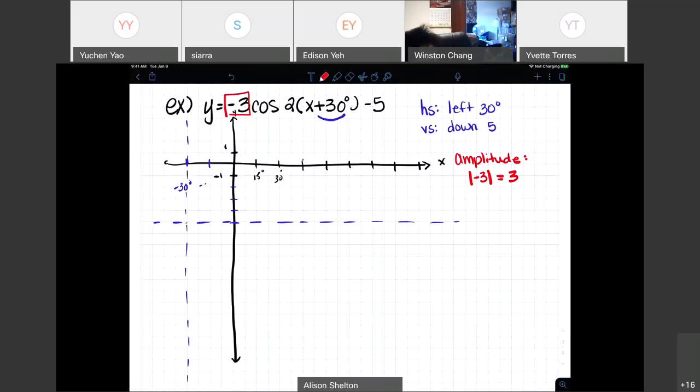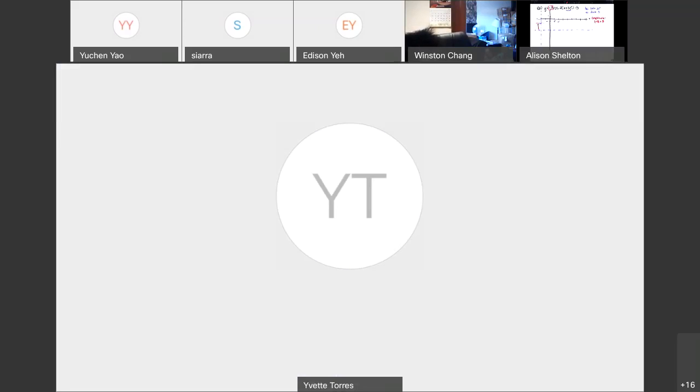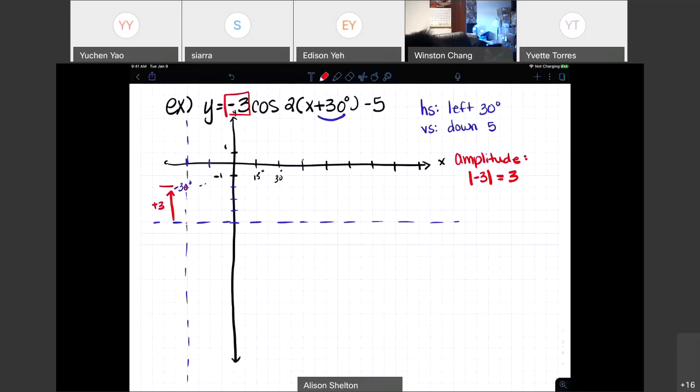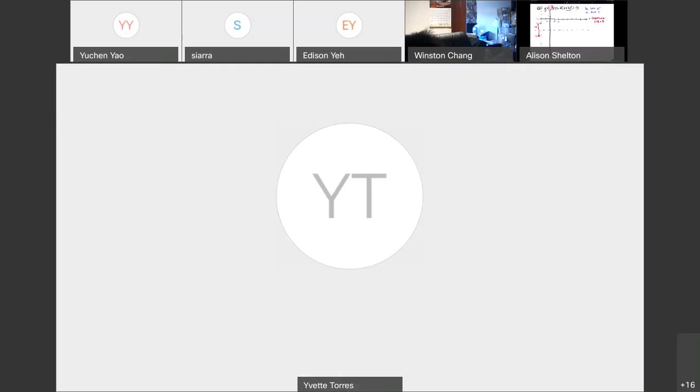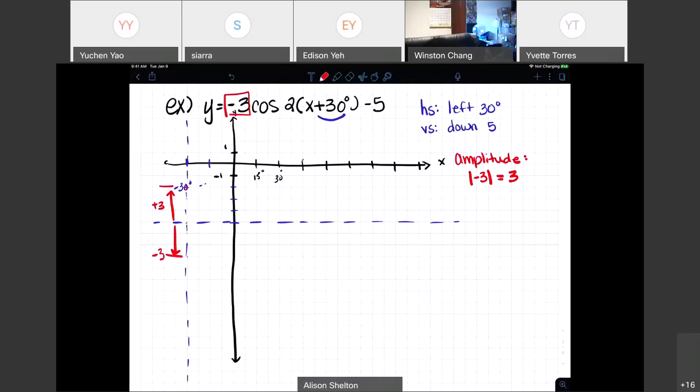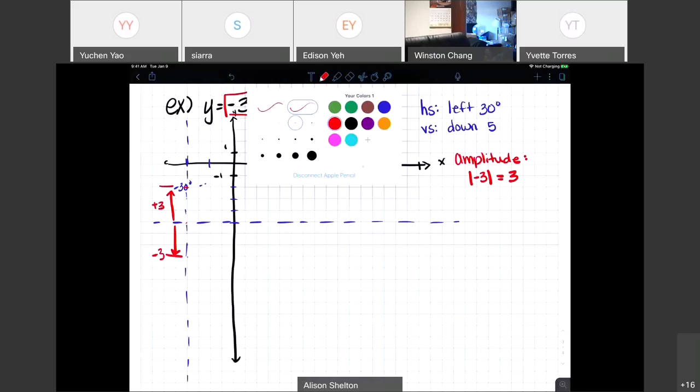So starting here, 1, 2, 3. I'm going to go up 3 and 1, 2, 3, down 3 with my amplitude as I'm graphing. So that label is the amplitude change, and that is step 3.